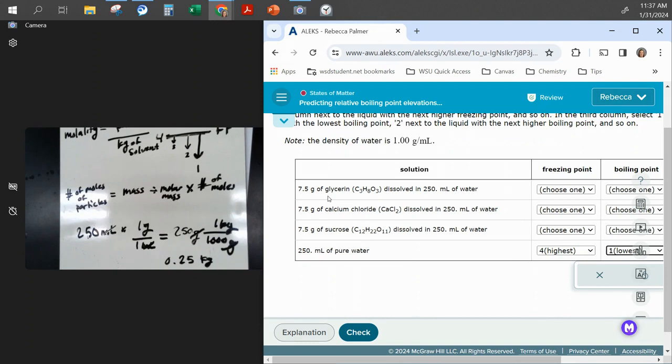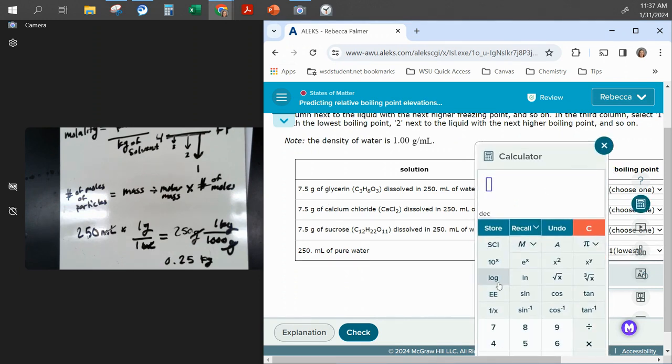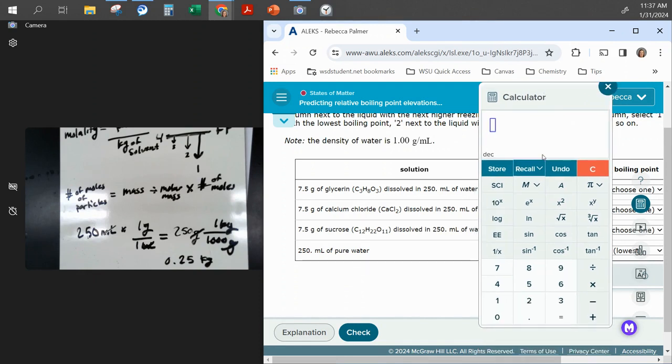Okay, are we doing okay so far? So we take the value they give us, 7.5. We're going to divide by the molar mass to find the number of moles of this. This one is not on here, so we have to calculate it.